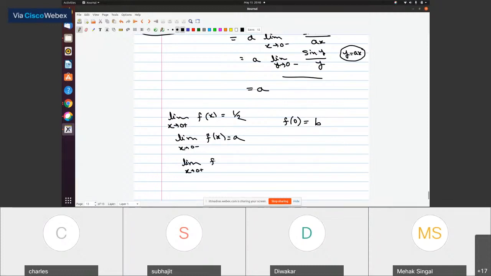Because the left hand limit and right hand limit should be equal for the limit to exist, and this limit should be equal to the exact value to be continuous. So this is half, this is a, and f(0) is b. So a equal to b equal to half will assure the condition for which this function is continuous. Is it clear? Yes. Thank you, sir.